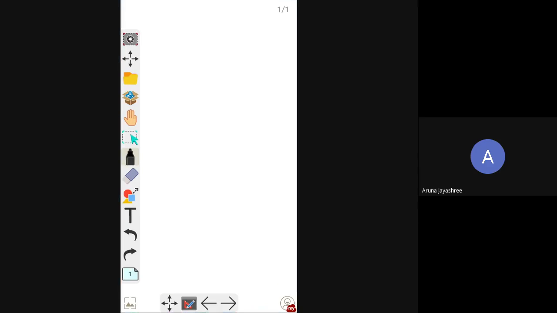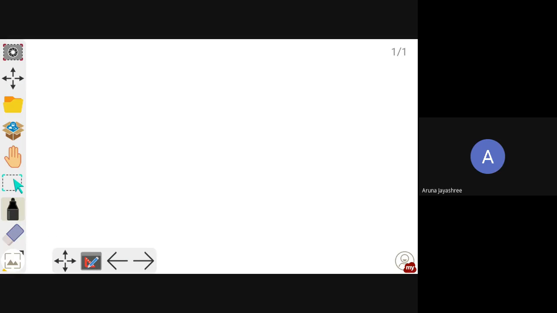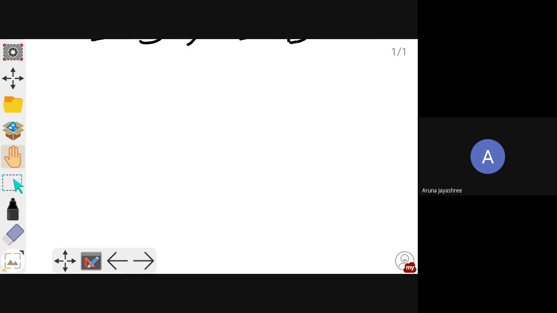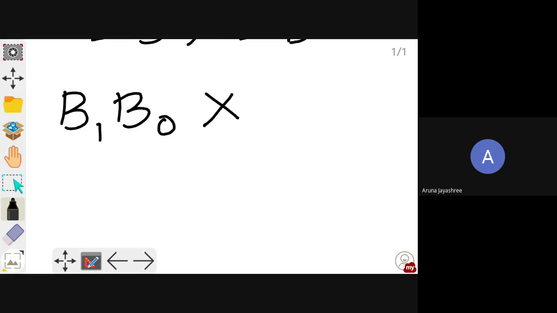First we will move on to multiplying a 2-bit number by a 2-bit number. You take the first number as B1 B0 and multiply by A1 A0.